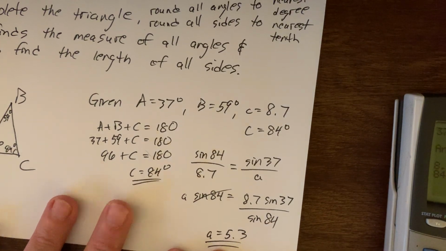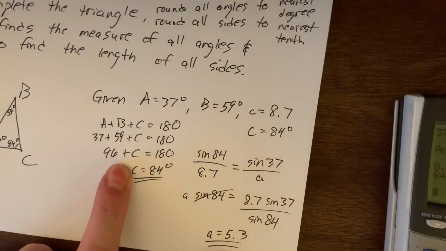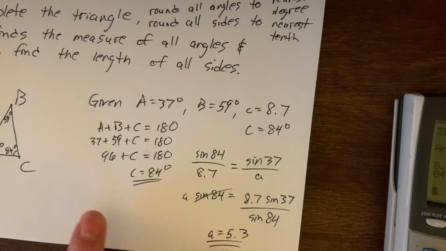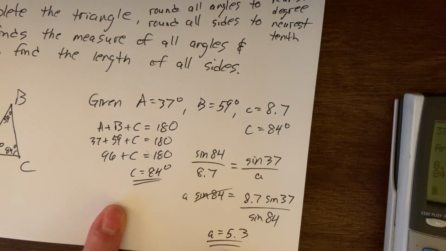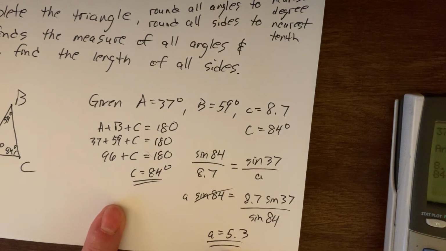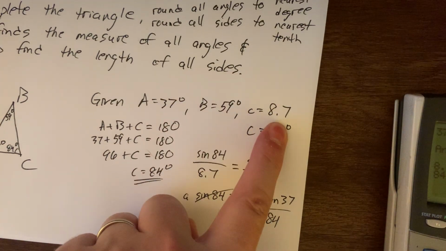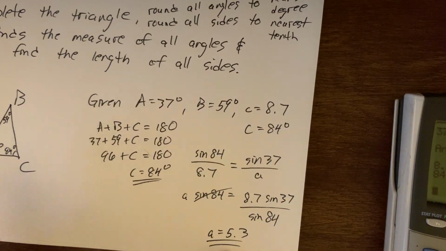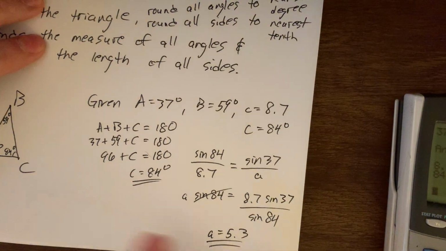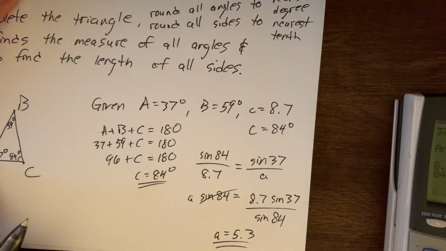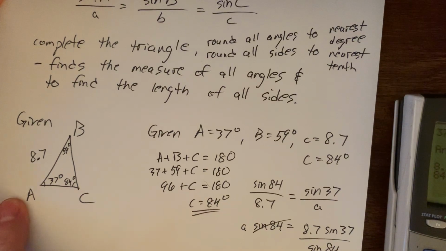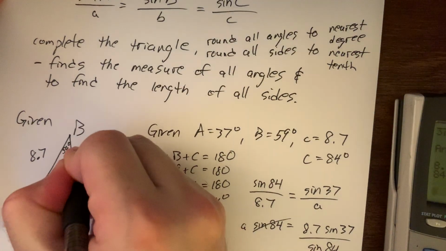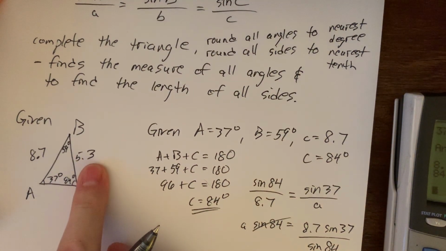So I keep saying, everybody, I could find angle C is here, side A is here. So I'll just do my work for side B right here, and that would be the work for completing the triangle. You had these 3 pieces given, you found the missing 3 pieces. But whether you fill that in here, that's fine. Well, if this was angle A over here, then side A, my 5.3, would go right here.